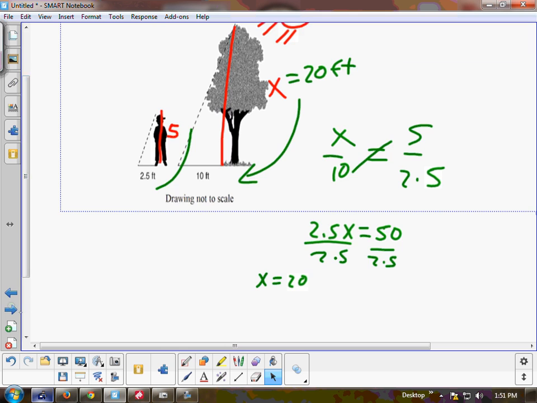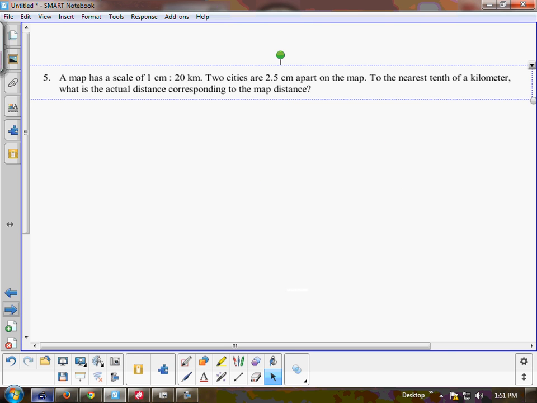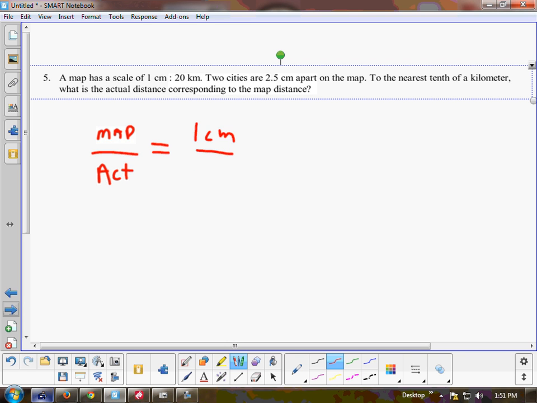Okay. Next question, number 3. A map has a scale. So the map to the actual town or city is 1 centimeter to 20 kilometers. The two cities are 2.5 centimeters apart on the map.